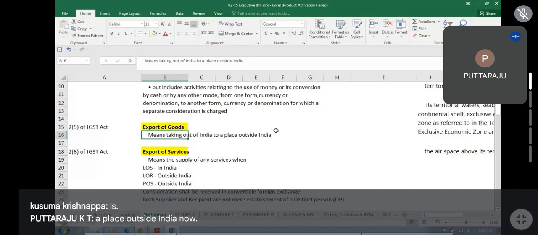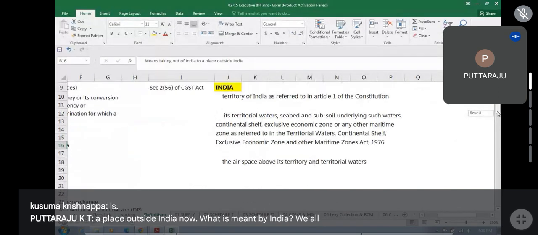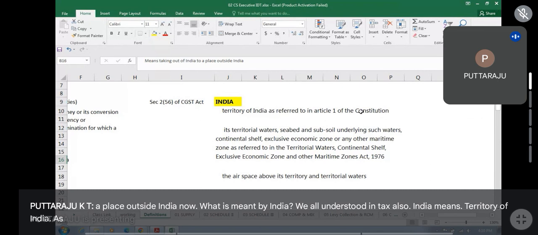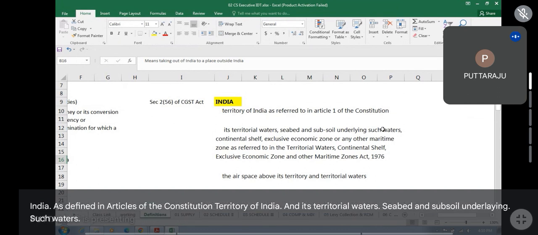Now, what is meant by India? We all understood in tax also. India means territory of India as defined in the articles of the Constitution, and its territorial waters, seabed and subsoil underlying such waters. I told you, up to 12 nautical miles.